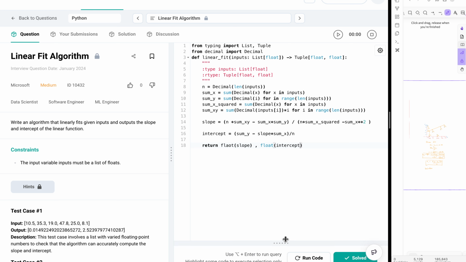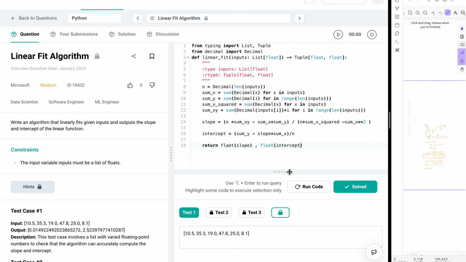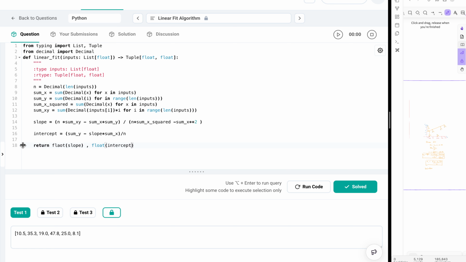Now let's run our solution and see if I have not made any error, and submit our code to check how it performs.